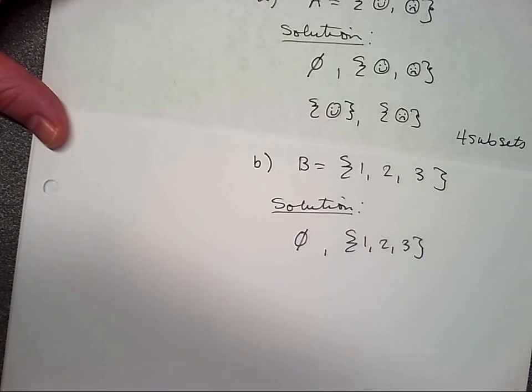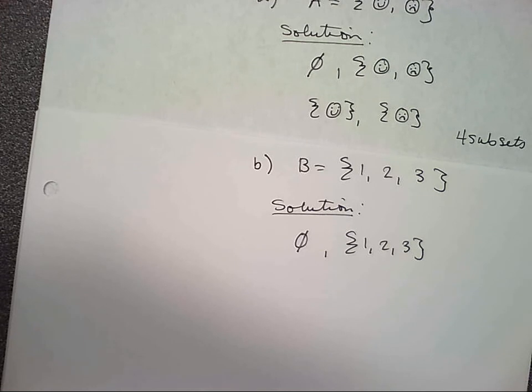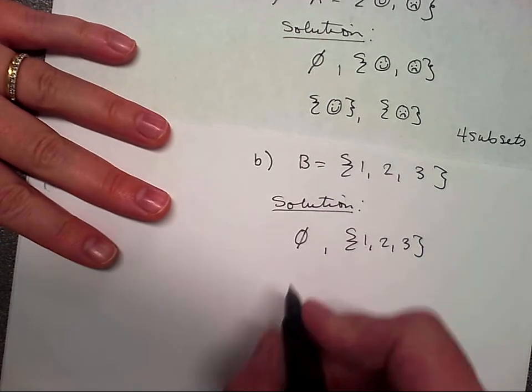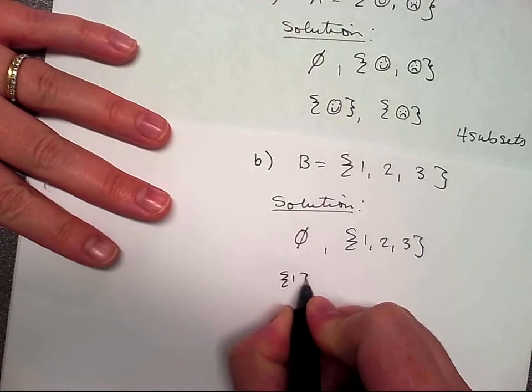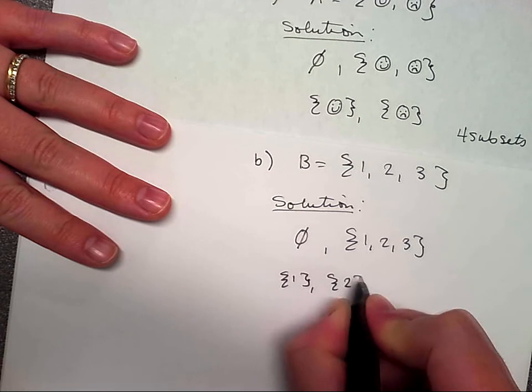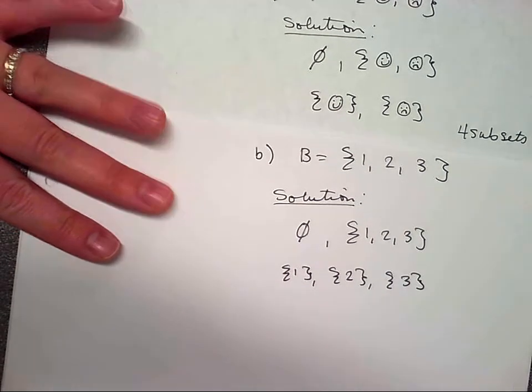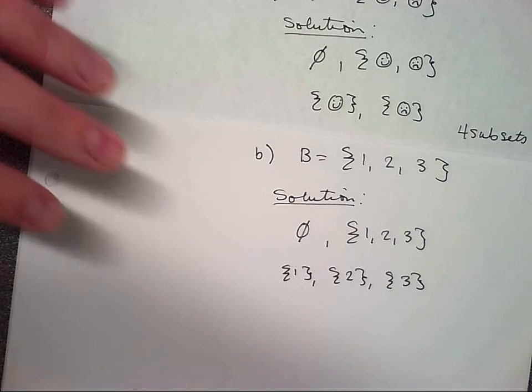And now somebody tell me some subsets. Are there any 1-element sets that are subsets? Yeah? What are they? The set 1, the set 2, the set 3. Good. In order to be a set, you have to have the squiggly brackets.